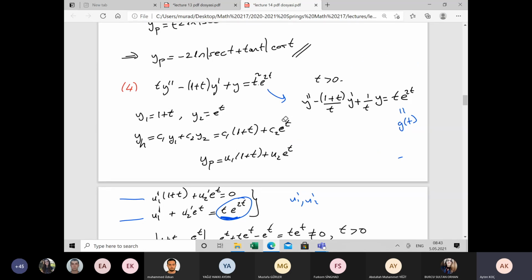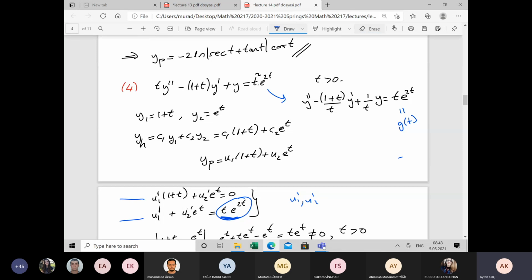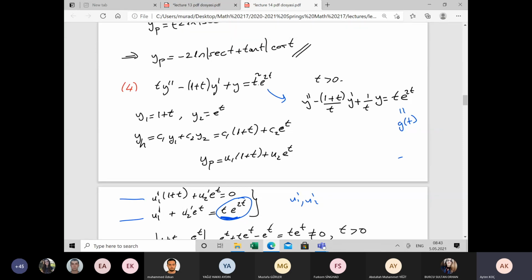But be careful: y sub 1 and y sub 2 are solutions, but you have to check that they are fundamental solutions, otherwise it is not possible to get the general solution of the corresponding homogeneous differential equation. They should be linearly independent, so you have to compute the Wronskian determinant first.